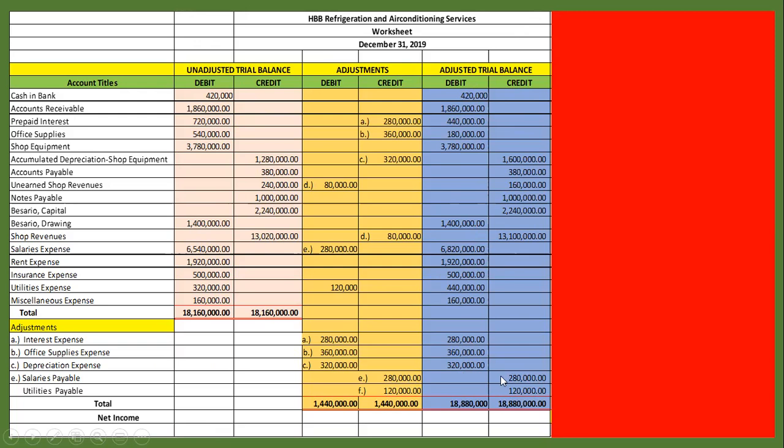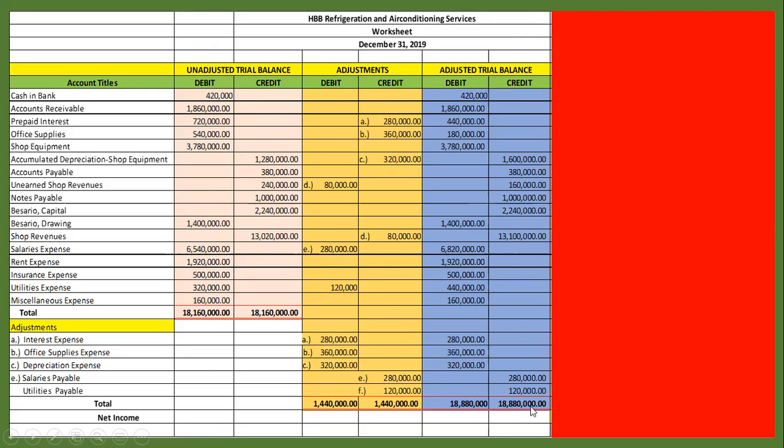After all has been posted, you need to single rule all the items. Before you add, you need to single rule the last item to indicate that it's the last item that you need to enter in a column. So you single rule and then get the total. For your debit, you have 18,880,000 and your credit has 18,880,000.